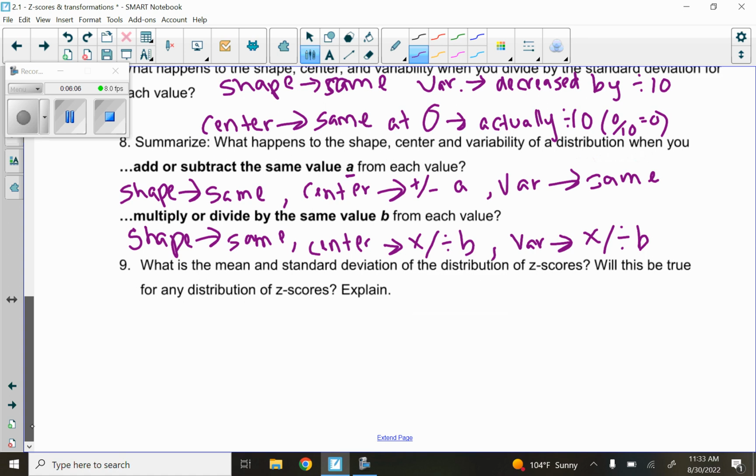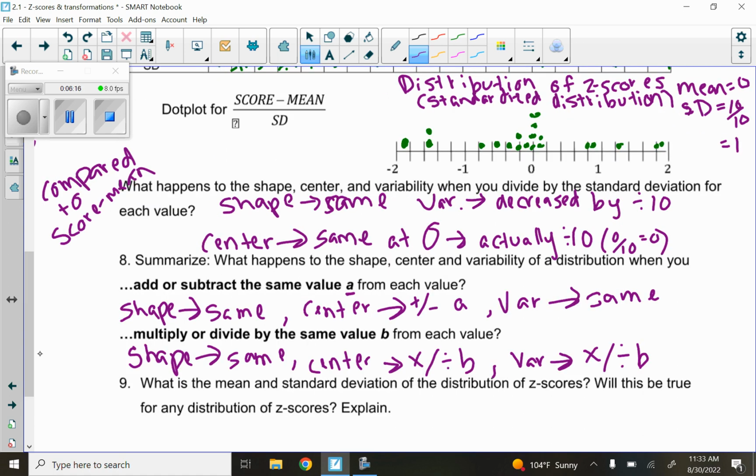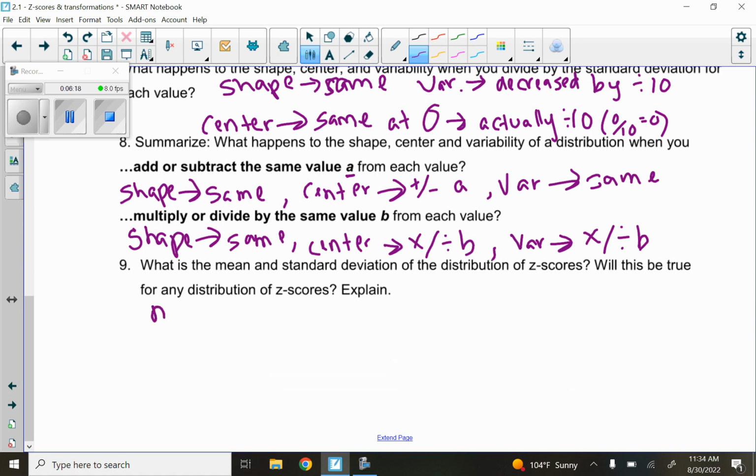What is the mean and standard deviation of the distribution of z-scores? Will this be true for any distribution of z-scores? Explain. Your mean will always equal 0, and your standard deviation will always equal 1. So why is this? Oops, that was supposed to be a z.